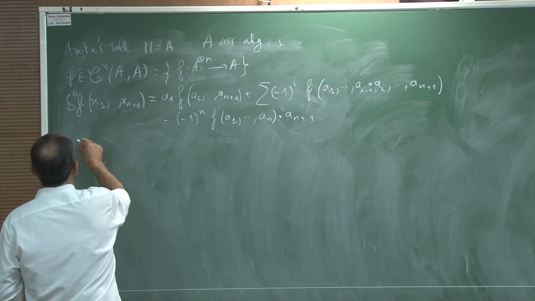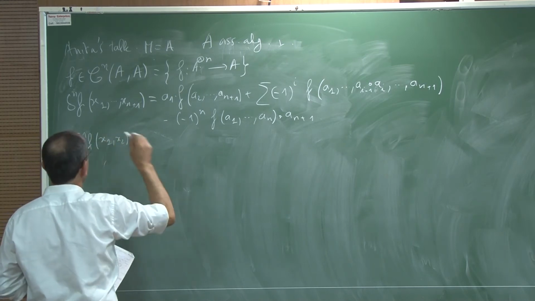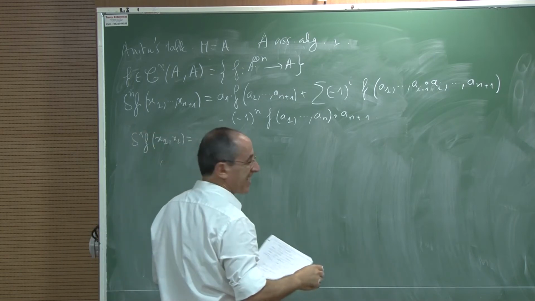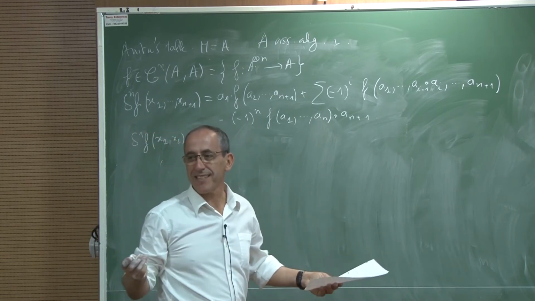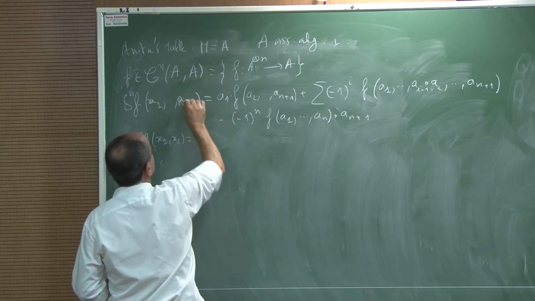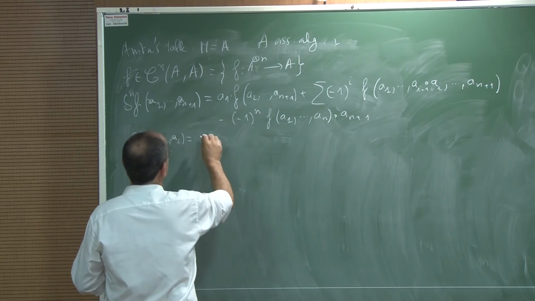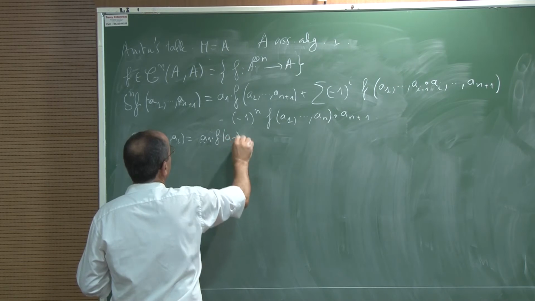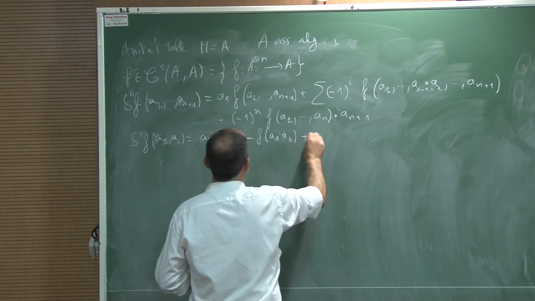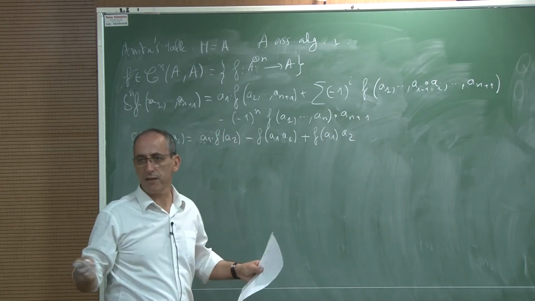And what we need is delta 1 of f applied to a1, a2, and this is a1 times f(a2) minus f(a1a2) plus f(a1)a2. And if you take this equal to 0, then you get the derivation.